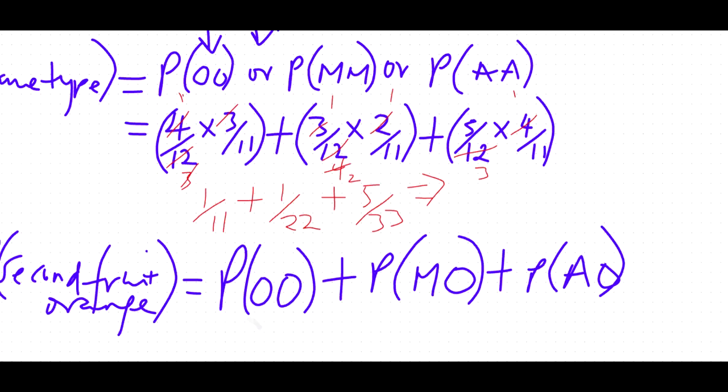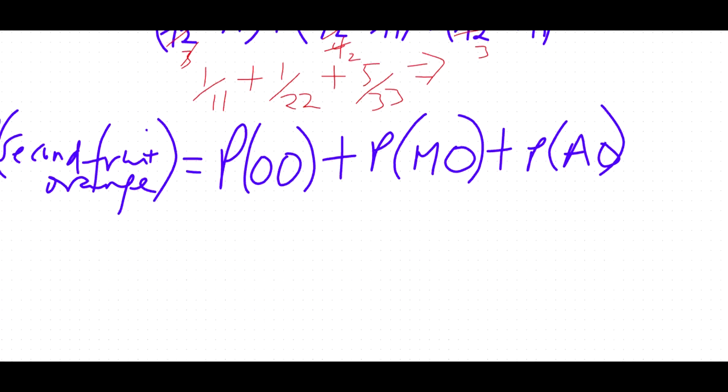And therefore, now you check from your probabilities. What probability will give you an orange and also an orange?